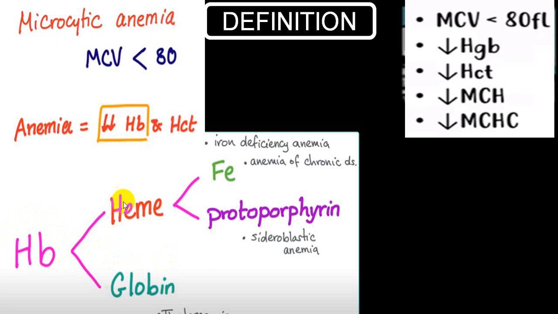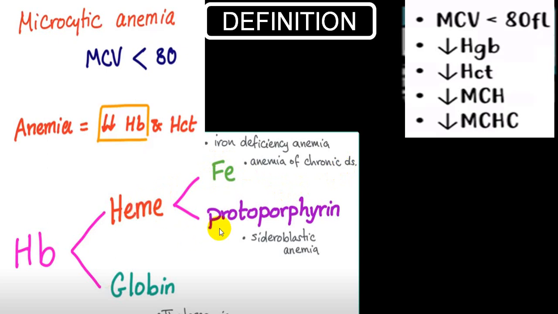because hemoglobin is made up of heme and globin. So any condition which reduces the formation of heme, which can be because of iron, we call two classical conditions: iron deficiency anemia and anemia of chronic disorders or chronic inflammation, that will produce iron deficiency, and iron will not be incorporated to form hemoglobin.